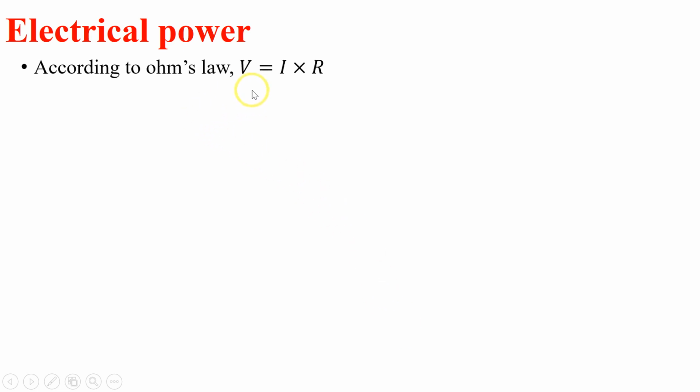We can also use Ohm's law and substitute the value of voltage or current in the equation of power. When we put the value of voltage in the equation of power, we get power to be I square into R. Is that clear? So this is one form of calculating power.